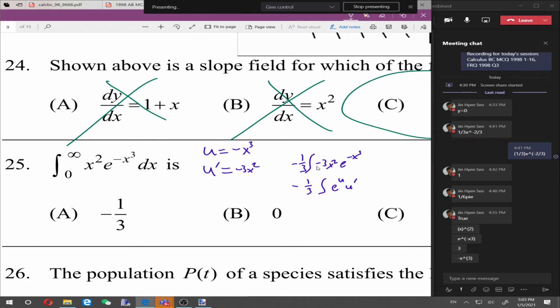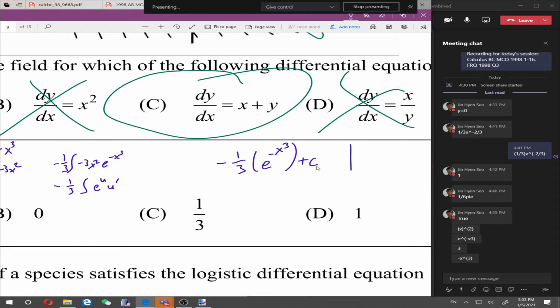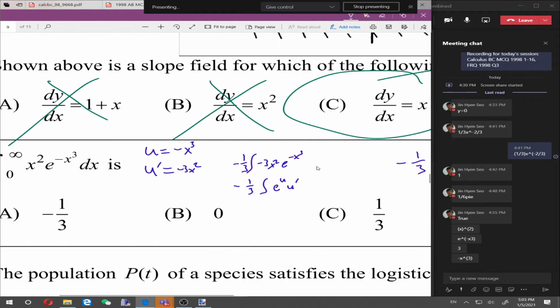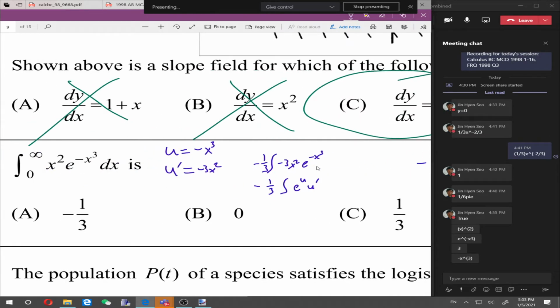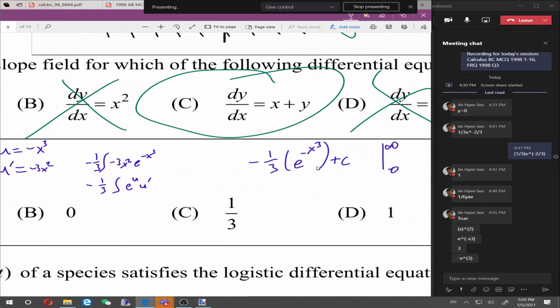So I've got two options here. I can either integrate this indefinitely like I just did, and then go back once we've resubstituted for x and plug in our bounds, or you could change your bounds to be in terms of u, which would make this still 0, and if u is negative x cubed and x is infinity, then u would be negative infinity when I go to plug in. And that would work for substituting in for u instead of x.